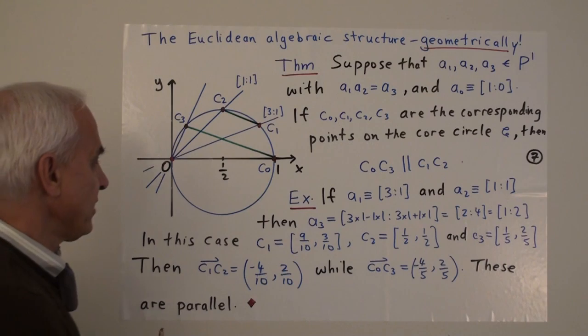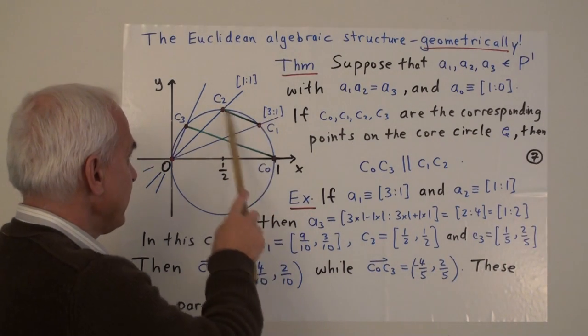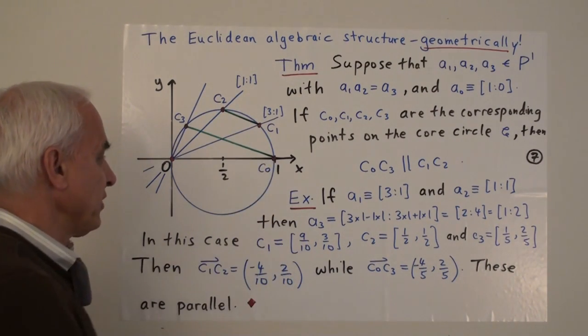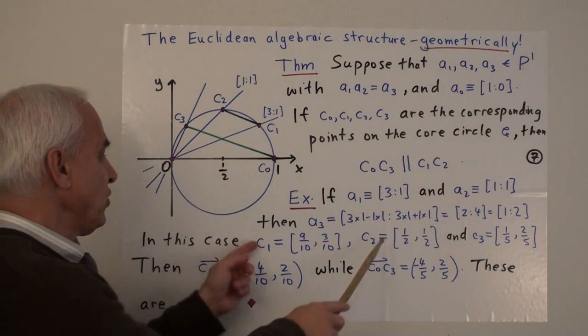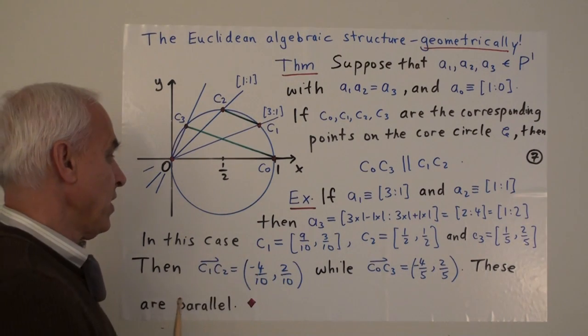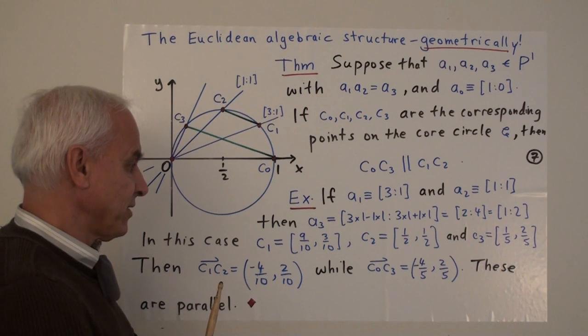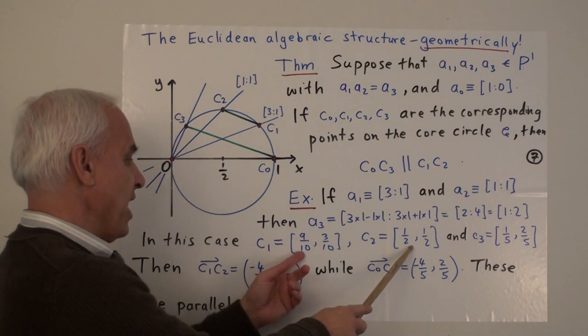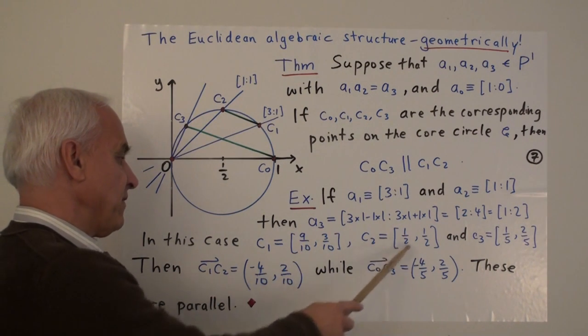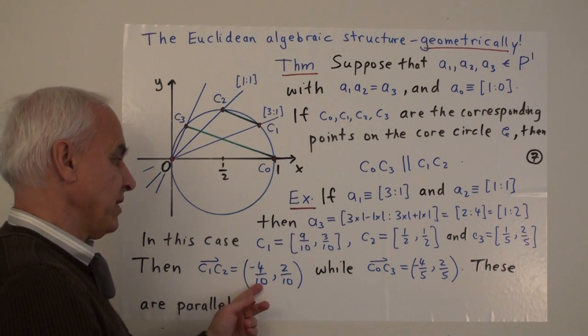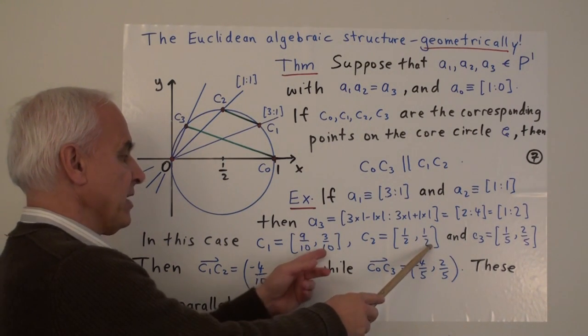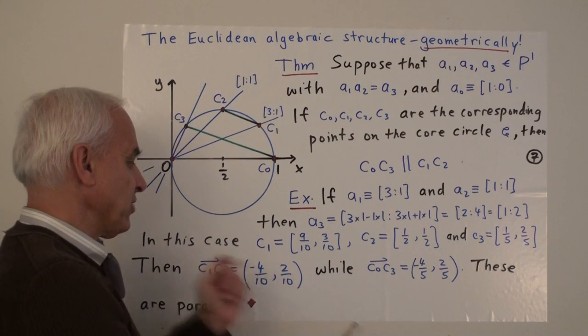And the claim is that this vector here is parallel to this vector. So the vector C1, C2, joining these points: we take the difference of coordinates. 1/2 minus 9/10, that's 5/10 minus 9/10, that's minus 4/10. 1/2 minus 3/10, that's 5/10 minus 3/10, or 2/10.